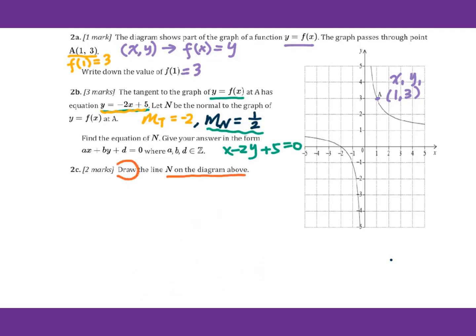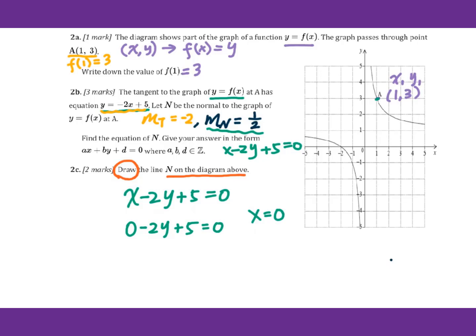For 2c, draw the line N on the diagram above. When they use draw, you have to make sure it's an accurate line. Therefore, we have x minus 2y plus 5 equal to 0. We already know it must pass through point A. For the other point, let's do x equal to 0 so that we can find the y-intercept. 0 minus 2y plus 5 equal to 0.